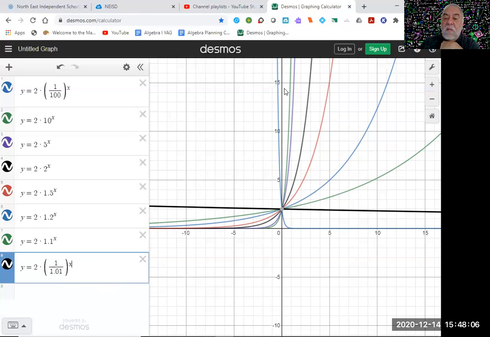Like this blue line here was 1/100, which is 0.01. So that's just to show you graphically how growth and decay work on a graph. And I hope this helps.